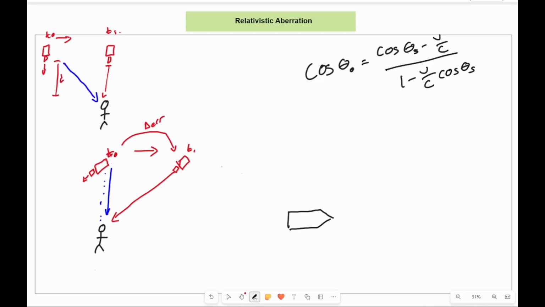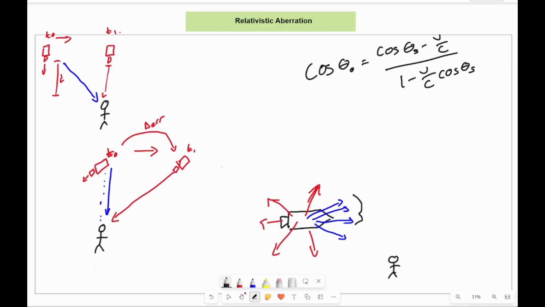So if we have a spaceship that's emitting light all around it, basically the light is going to, from a stationary person's view, get concentrated towards the front, and this is called the searchlight effect. It's also going to get blue shifted in the front in the direction.